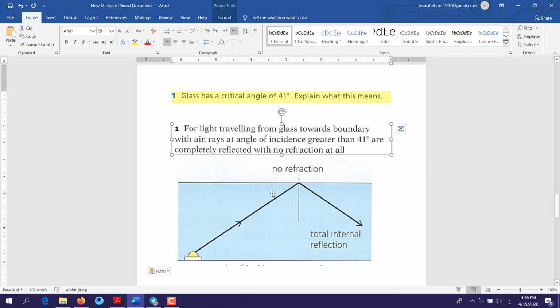But when it reaches 41, all of the incident ray will be reflected. There will be no refraction. There will be total internal reflection.